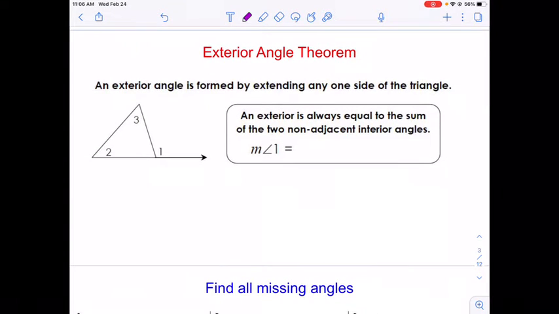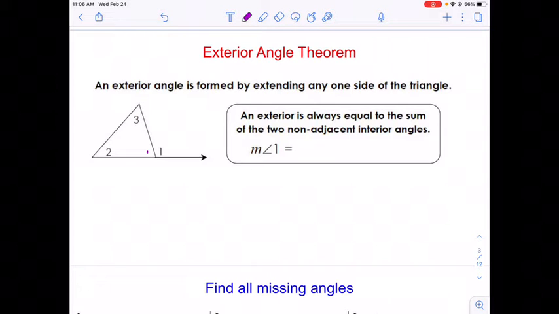So the exterior angle theorem, also a useful one, says an exterior angle, which is an angle formed where you extend a side, forms a linear pair with the adjacent interior angle. So this angle right here would be the adjacent interior angle to angle 1. This angle 1 is the exterior angle.